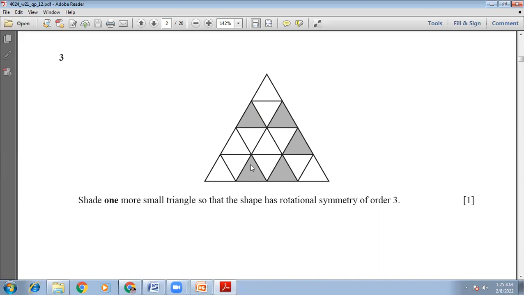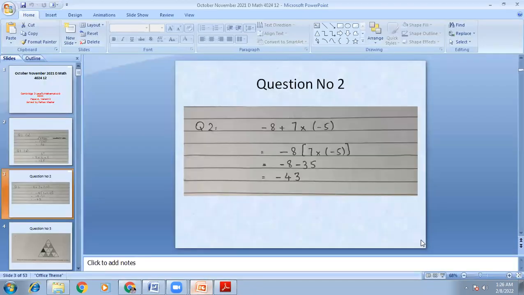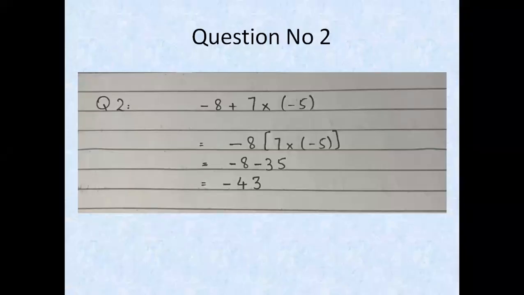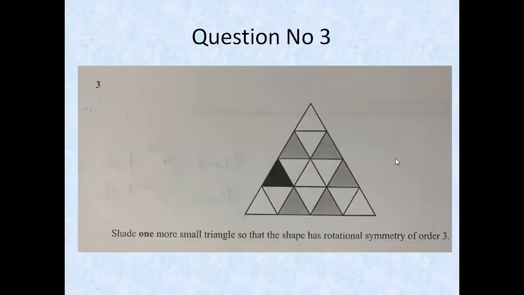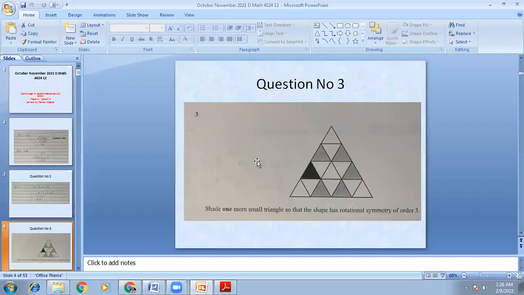So when you rotate it through 360 degrees, this shape will fit on itself 3 times in one complete revolution. So let me show you. You can see now I have shaded it. This is how you do this.